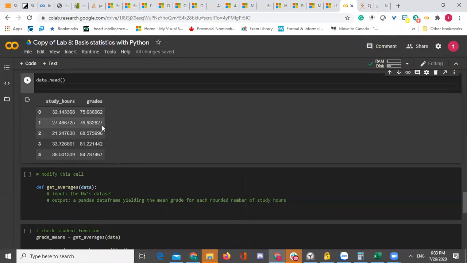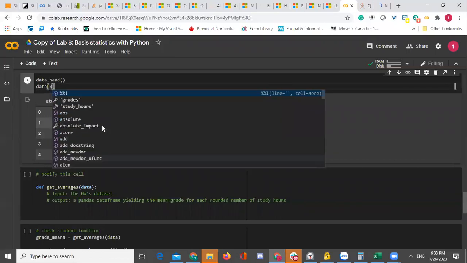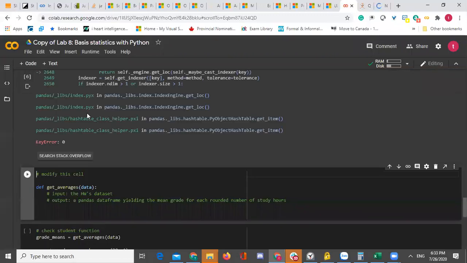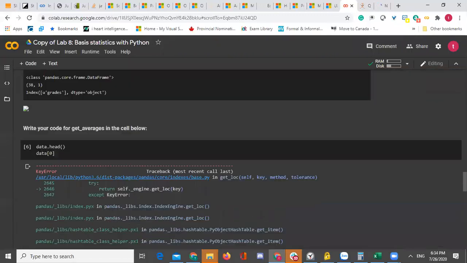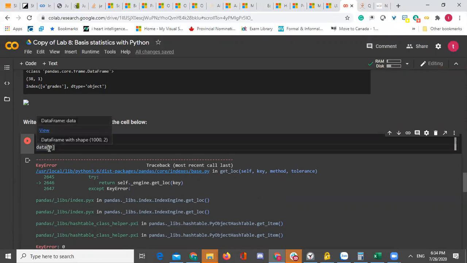So first we need to access data. So let's see. You should put .iloc before the first square bracket. Oh, okay, that's right.